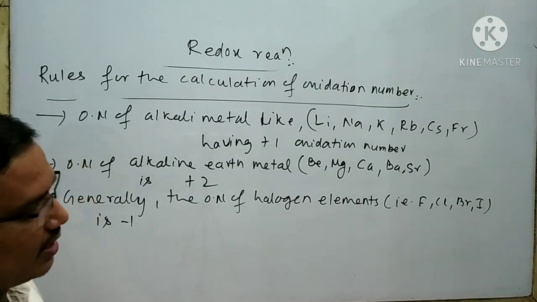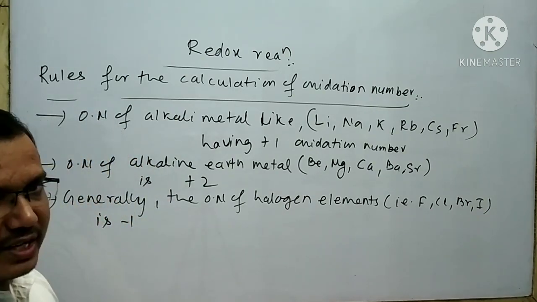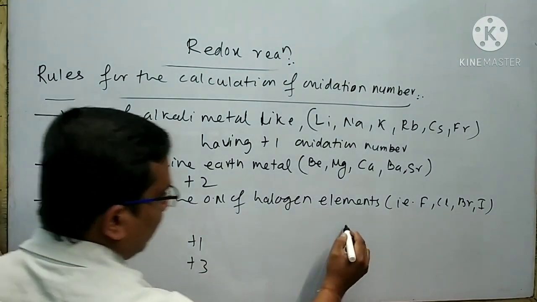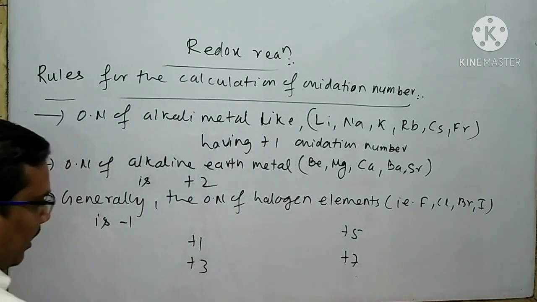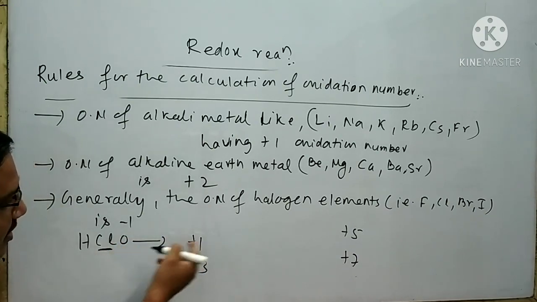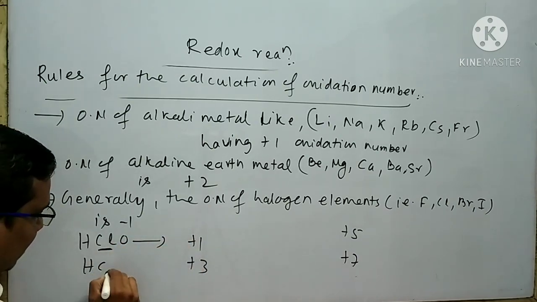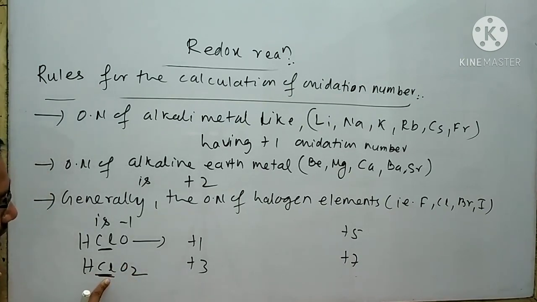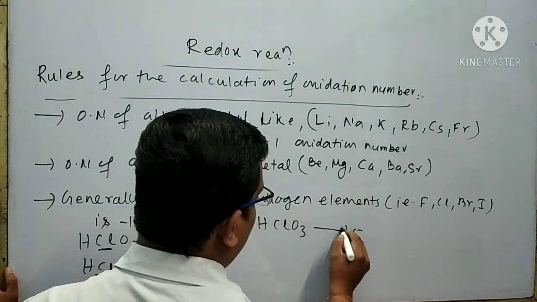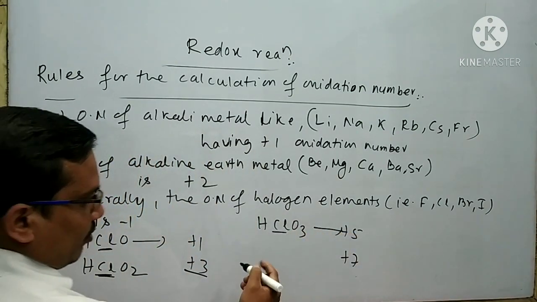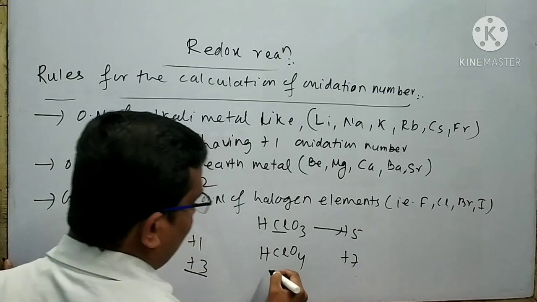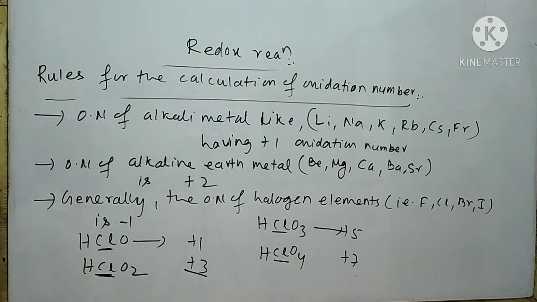Other halogen elements like chlorine, bromine, iodine may change their oxidation number to +1, +3, +5, +7. Take the example, in HClO the oxidation number of chlorine is +1. In HClO2 it is +3. In HClO3 it is +5. Similarly, in HClO4 the oxidation number of chlorine is +7.